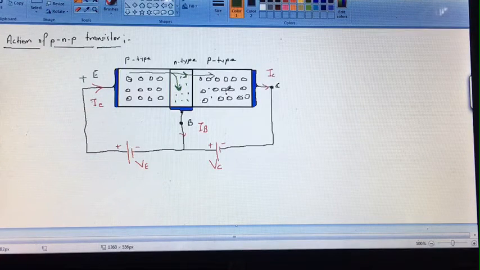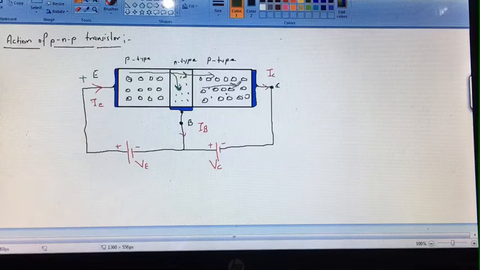So we can say that only less than 5% of charge carriers emitted from the emitter will recombine in the base region, and then these holes will be attracted towards the collector terminal.